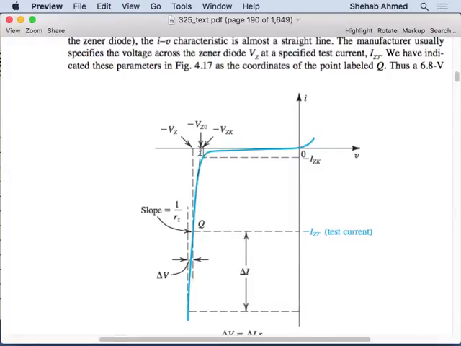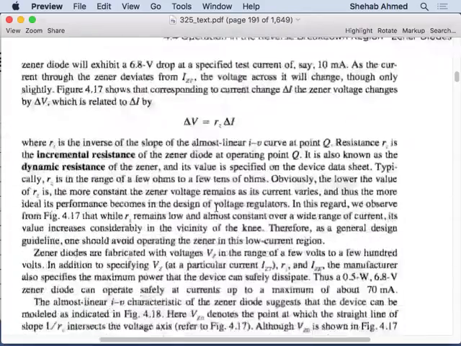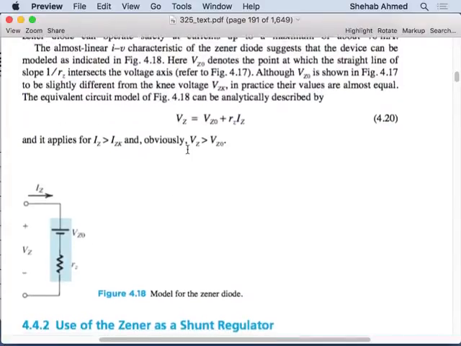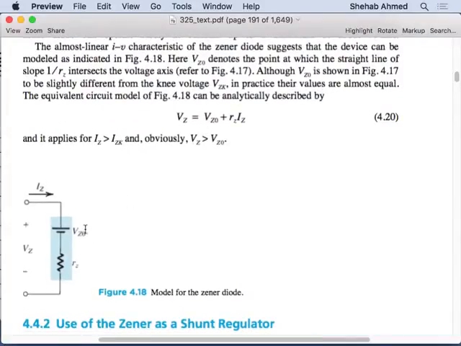It's the current flowing through the Zener multiplied by the resistance of the Zener. So the way we would model the Zener diode is just a resistor in series with a voltage source. And this voltage source also opposes the reverse current flow, like the diode in the forward direction. Also the voltage source will oppose the current flow direction. Okay? Yes? No?